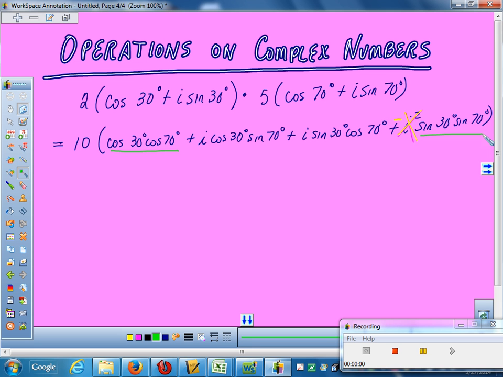So I would have a cosine times a cosine minus a sine times a sine. And that then is the cosine of A plus B identity. In our case, what are A and B? 30 and 70. So those two, the two with the green underlines, became this.